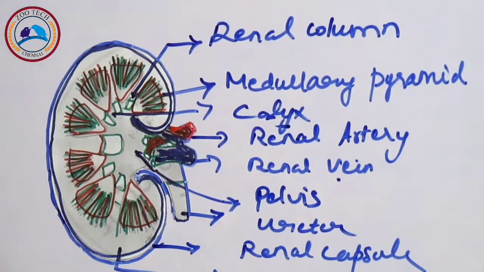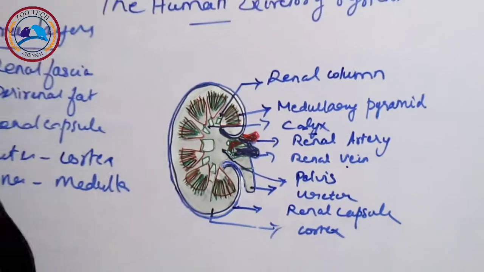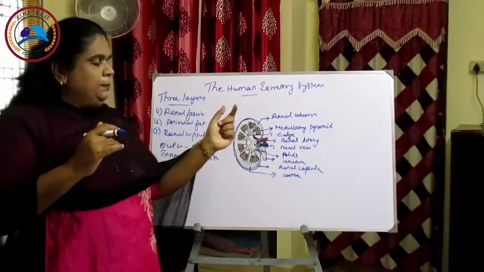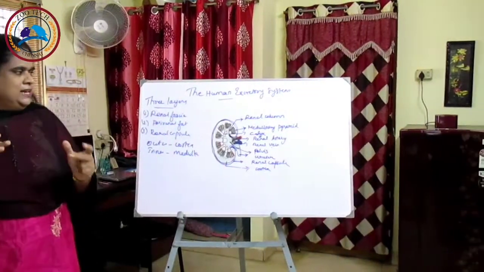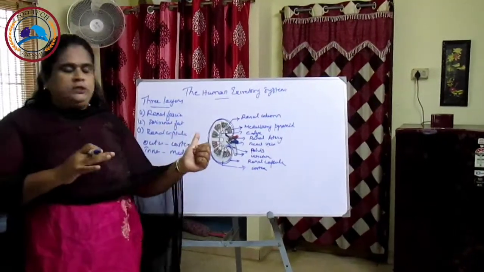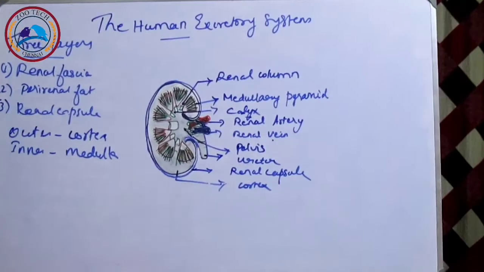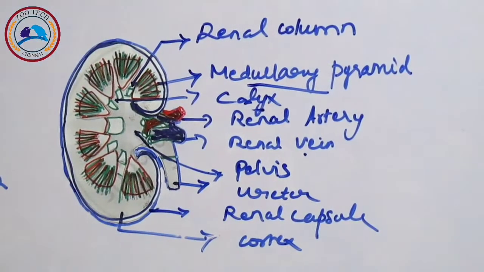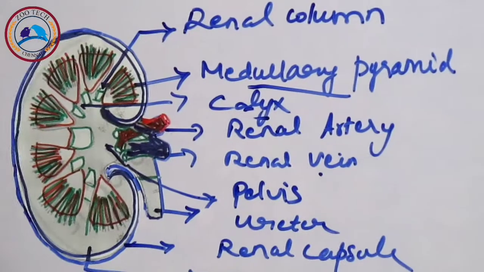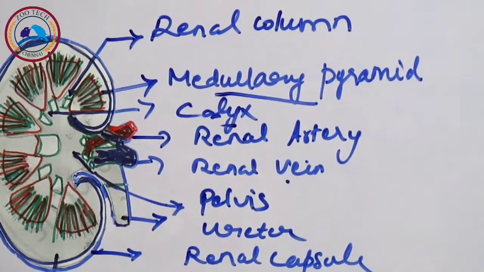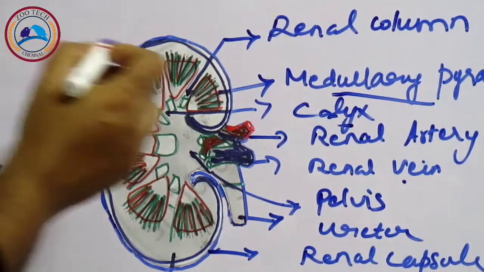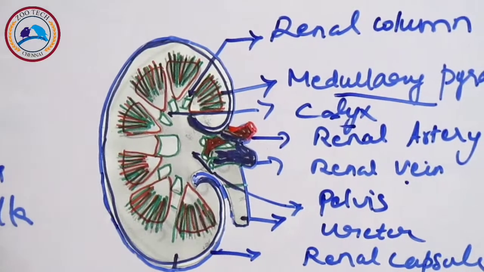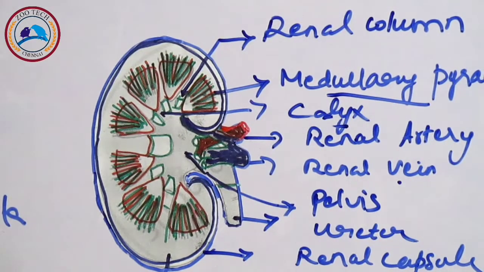Talking about the medulla, it projects into the calyces as conical processes called the renal pyramids, or the medullary pyramids. The broader part is towards the cortex and the narrow part is towards the renal pelvis.